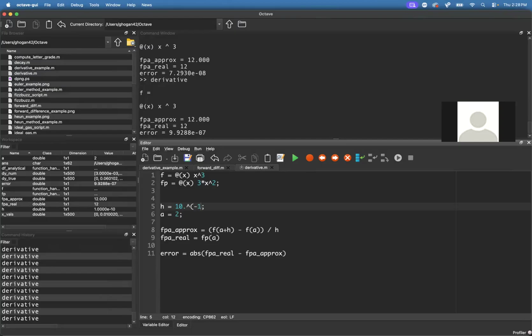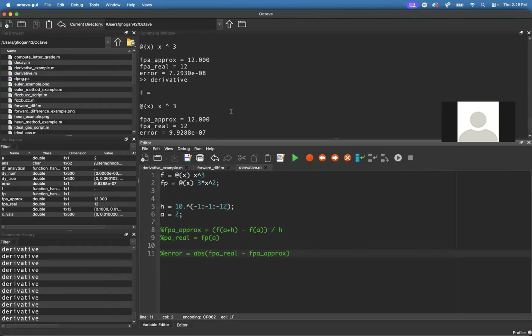Negative 1, negative 12. Will this work? Then I'm going to comment this out for the moment. We'll save this, hit run. Okay, it's running okay. I just wanted to make sure.